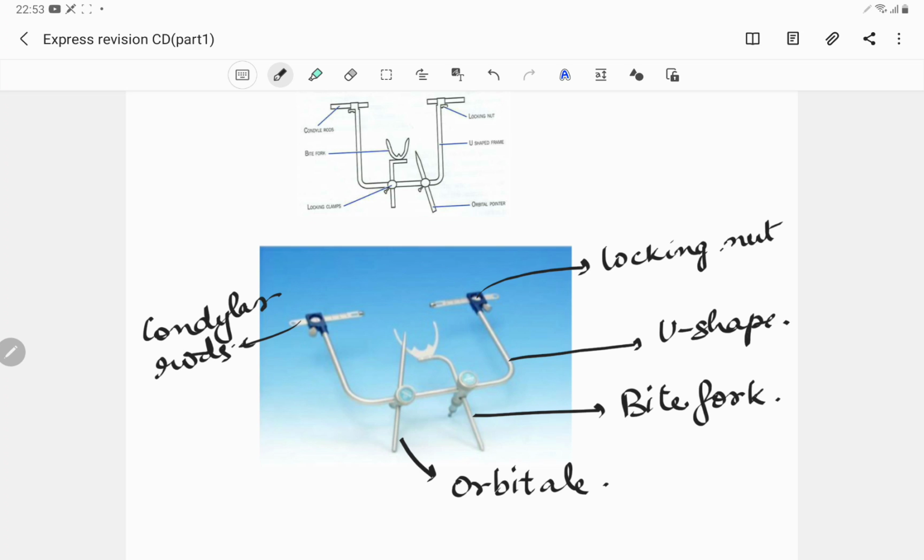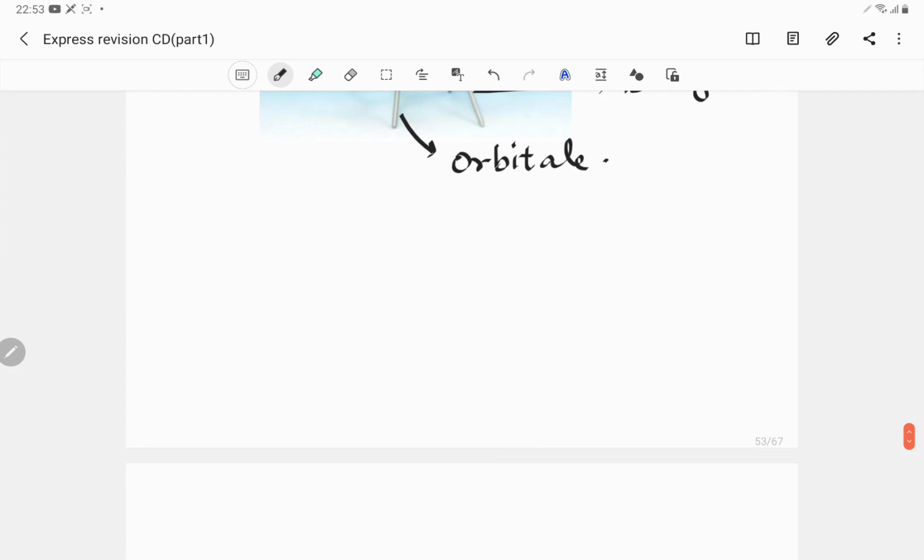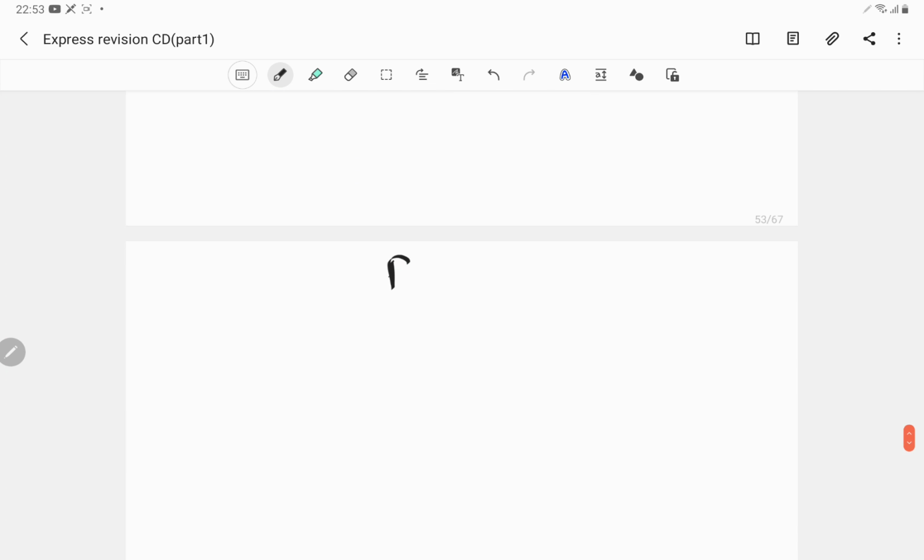So in case of the bite fork, for the kinematic face bow, we attach the bite fork to the mandible, but in the arbitrary face bow, we attach the bite fork to the maxilla. So we'll be talking about face bows. They are of two kinds.